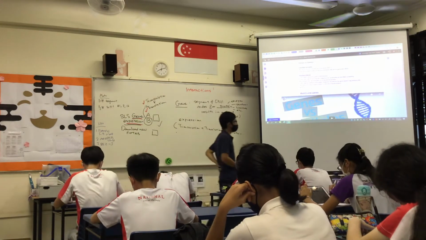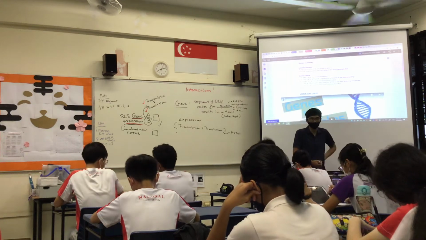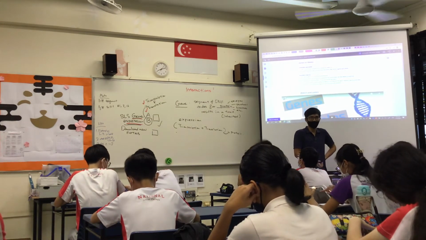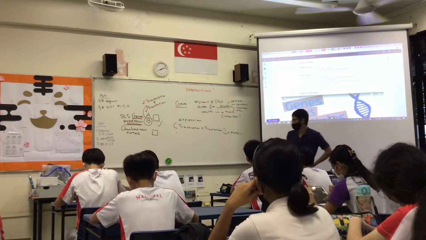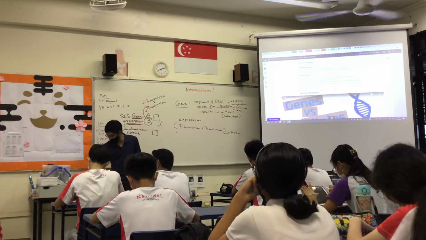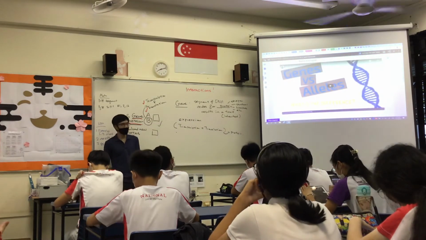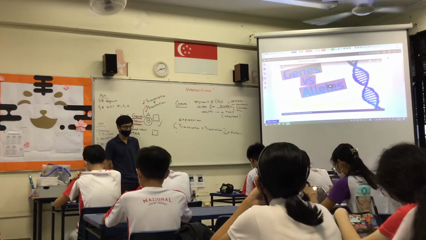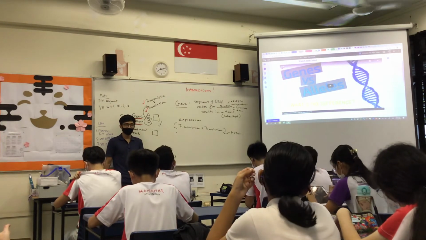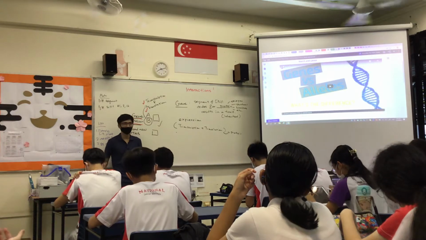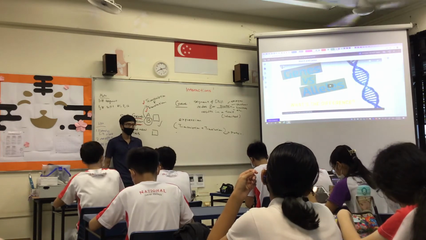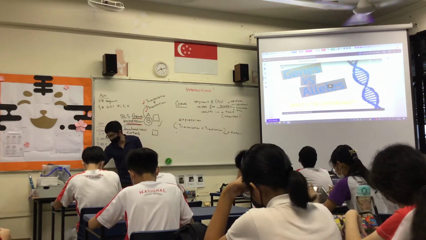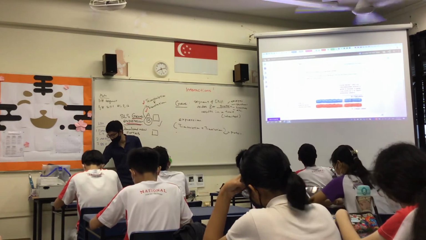This morning we spent a bit of time recapping what a gene is. Next, we're going to recap what an allele is. So, for part 2, this is what I'd like you to do. We sort of understand the difference between gene and allele. For those that forgot, you can watch this video right at your table. But for those that are ready, I'd like you to try this particular question 1.